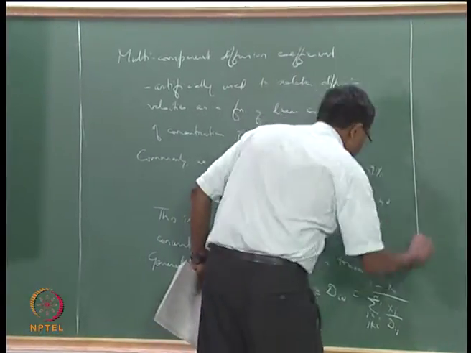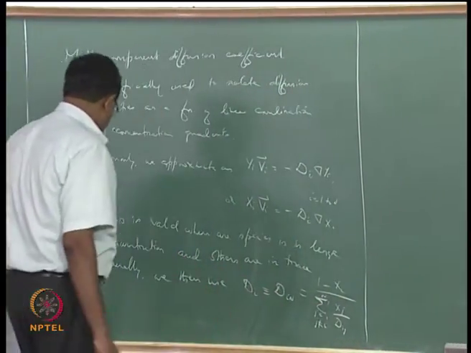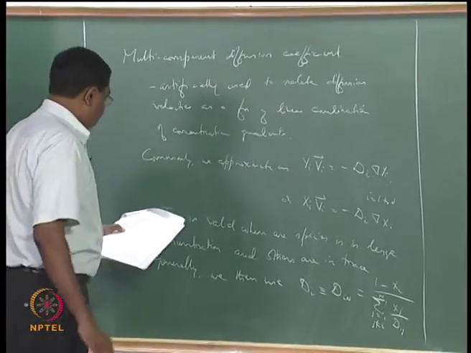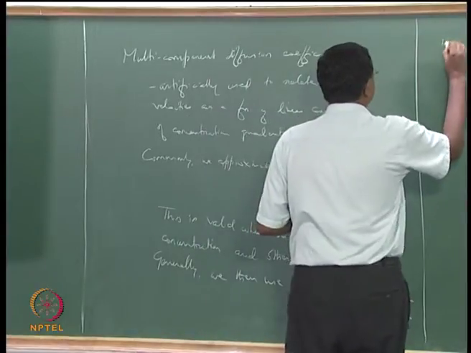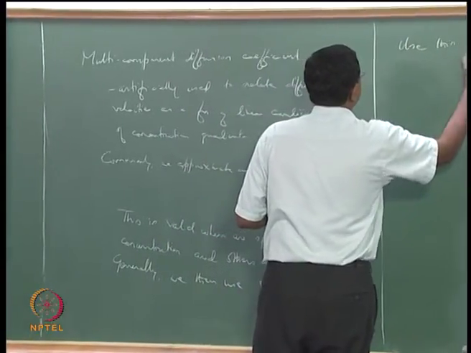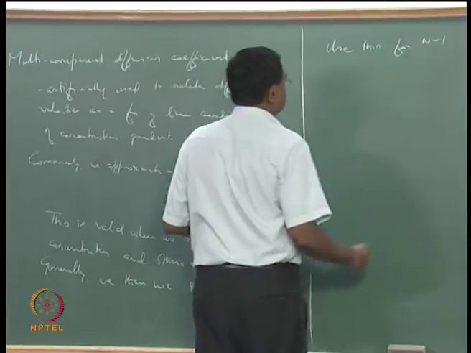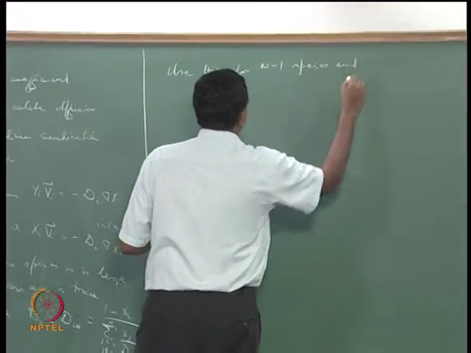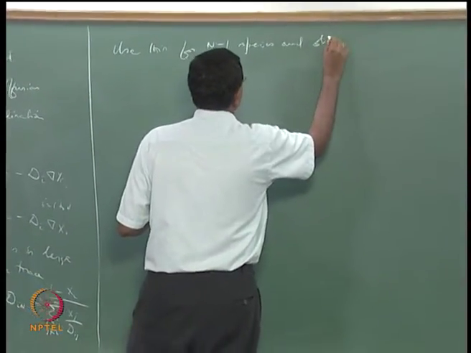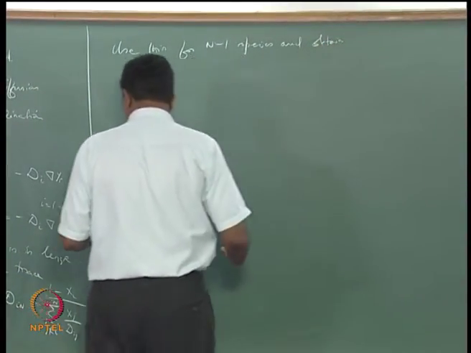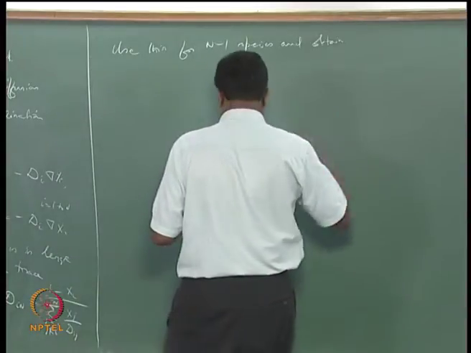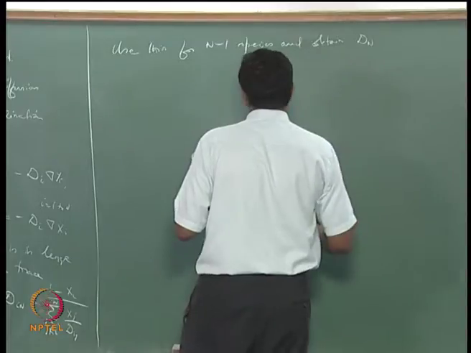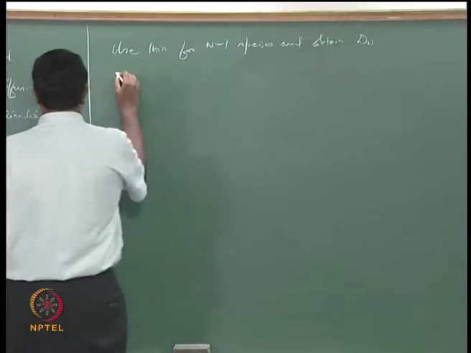In addition, there is one more caveat: we use this for n-1 species, and obtain Dn as follows.